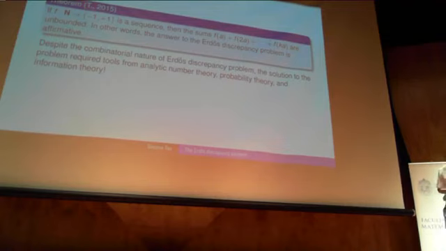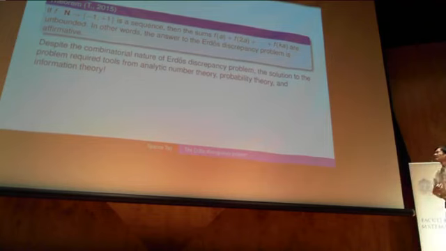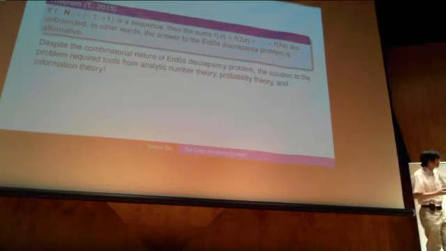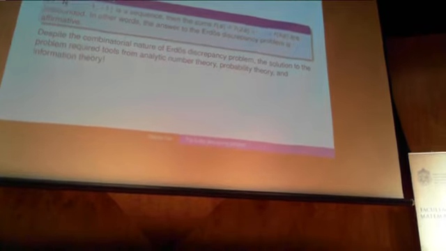It is constructive, but the bounds are very, very bad, but I can prove it does happen. And the funny thing is that the statement is very combinatorial. Combinatorialists recognize this as combinatorics. But the proof actually used tools from all over mathematics. We used tools from number theory, probability theory, and even information theory.